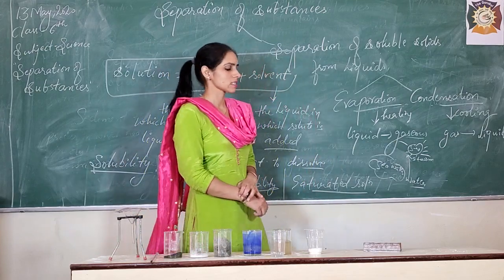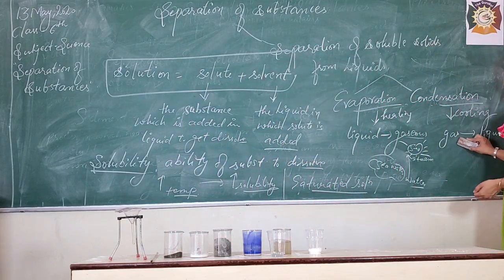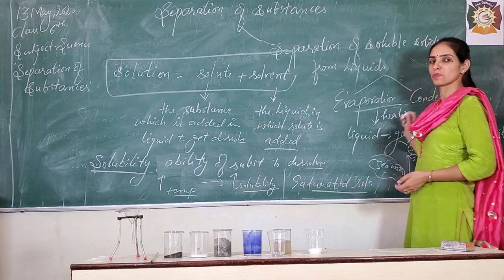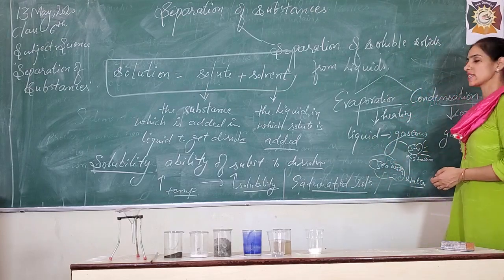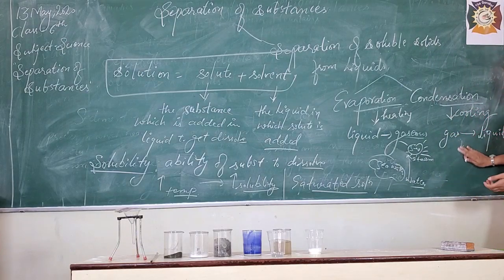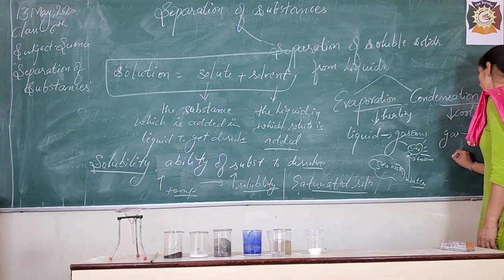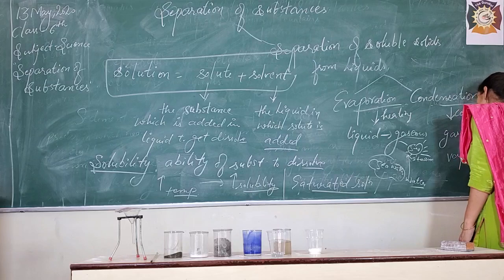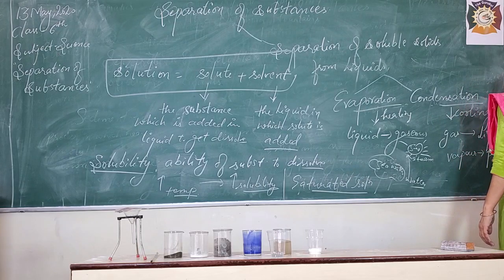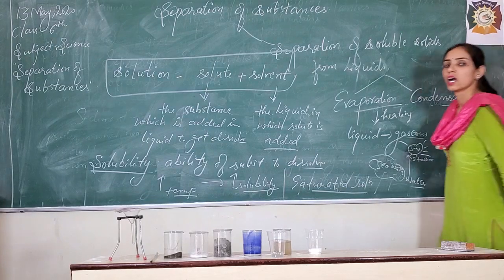Okay. The last process is condensation, which is used for changing gas into liquid. Then for what separation is this condensation process used? It is used for obtaining pure water from the gaseous state, meaning from the vapors. How can this be done?